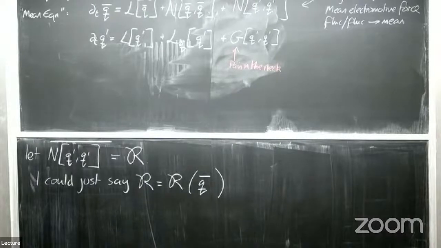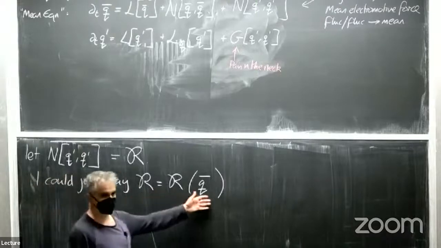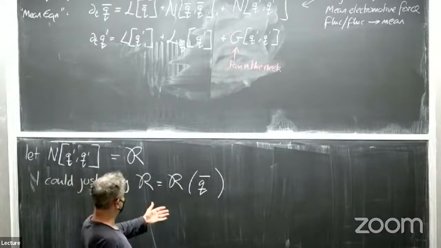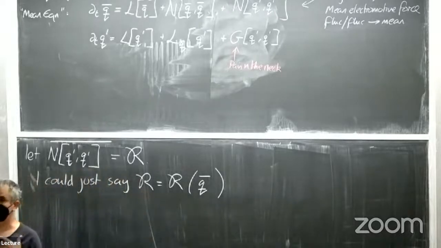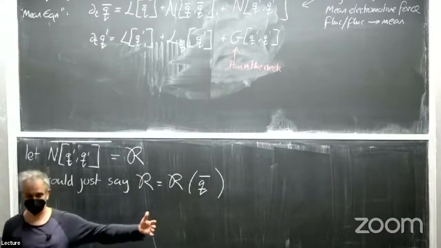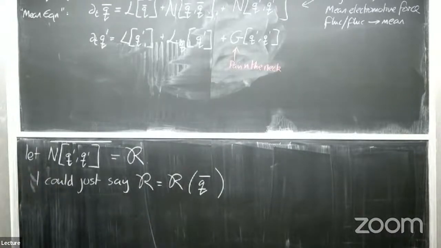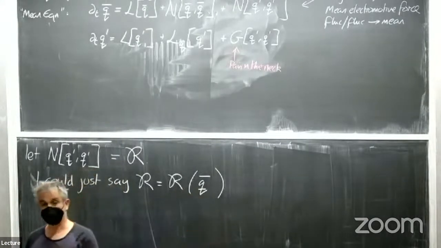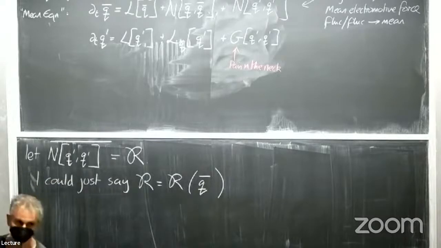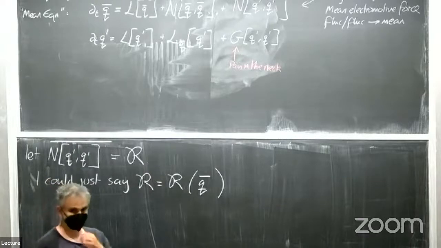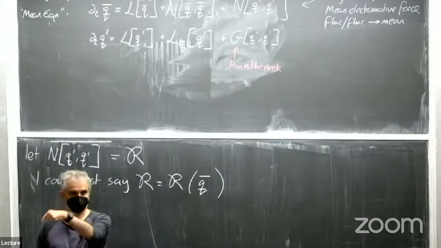Now, you can critique this approach by saying, well, how am I going to pull one of these things out of the air? In particular, this thing R may depend on the Q bar sometime in the past, and that's sometimes called memory. Or it may depend on Q bar at some other location in space. For example, in the UK, we keep a close eye on the weather on the East Coast. Whenever you guys have a storm or a hurricane on the East Coast, we know 3 days later it's going to land on us, right?